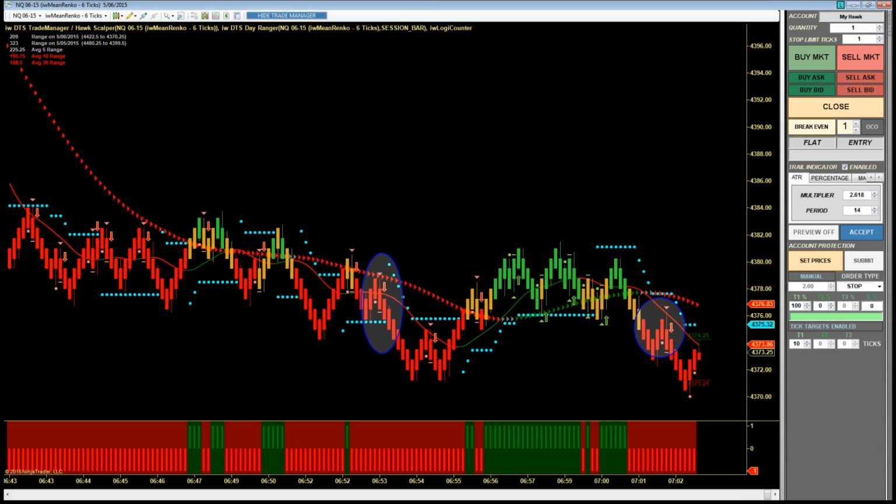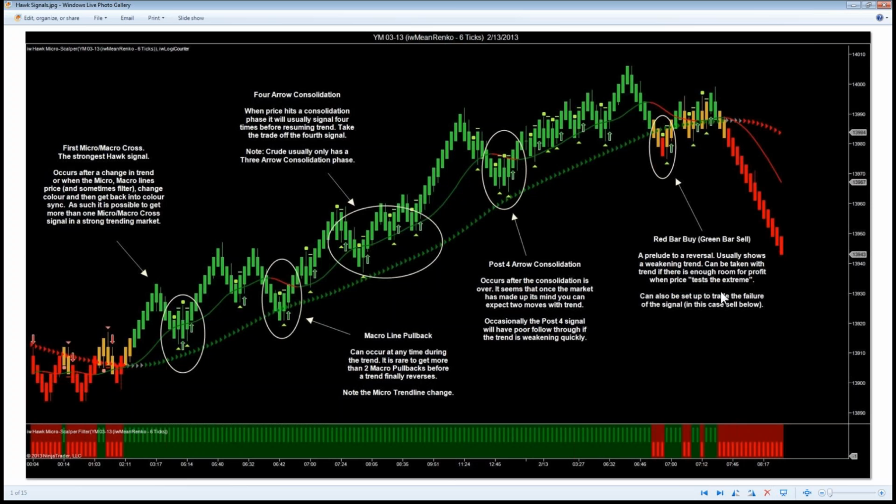So with the Hawk, as with the other tools, we do have high probability signals that we look for. You're going to say, well, there's an awful lot of arrows and stuff going on here. We don't necessarily want to take them all. These are the trades that we're going to focus on. These are the high probability setups.